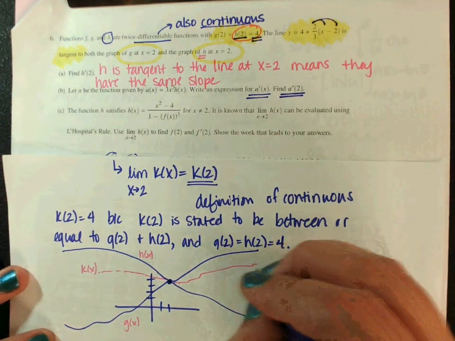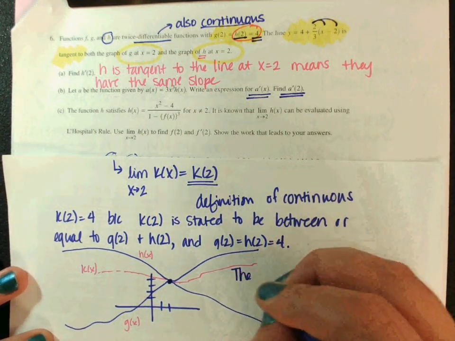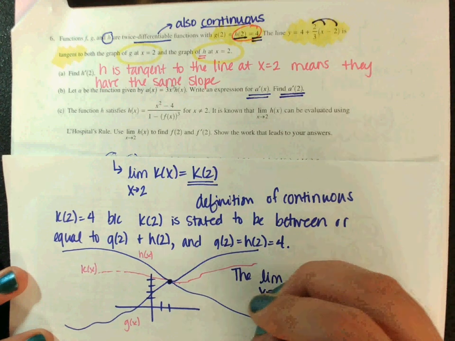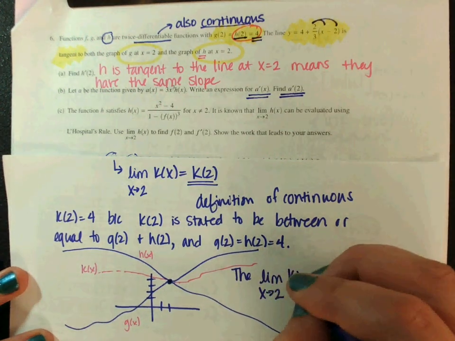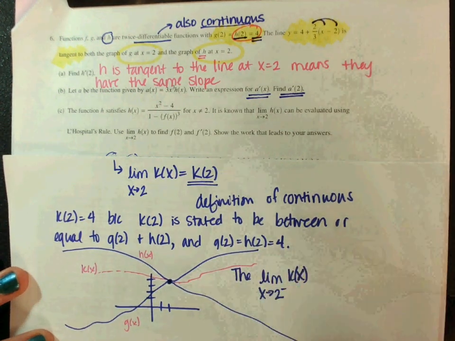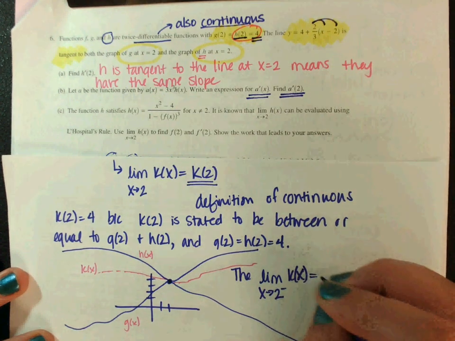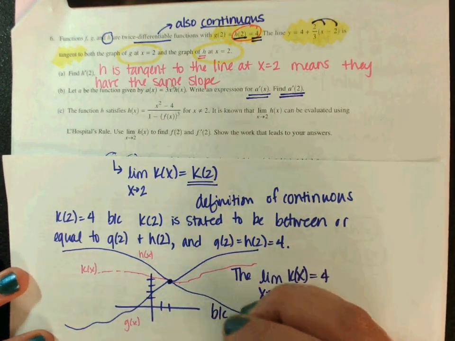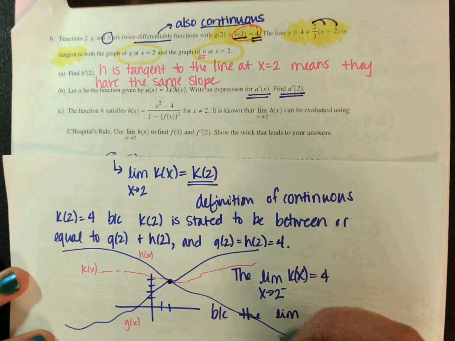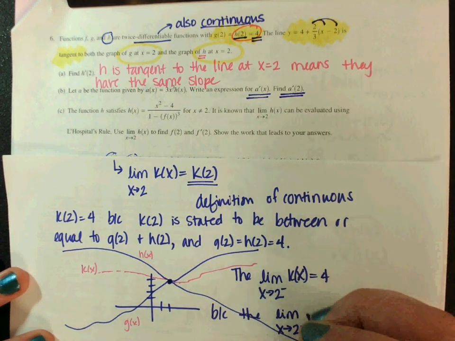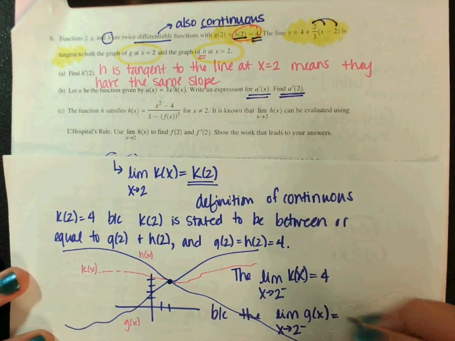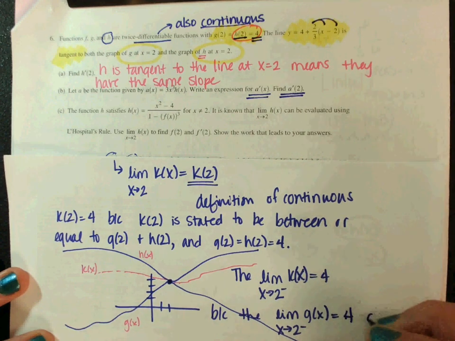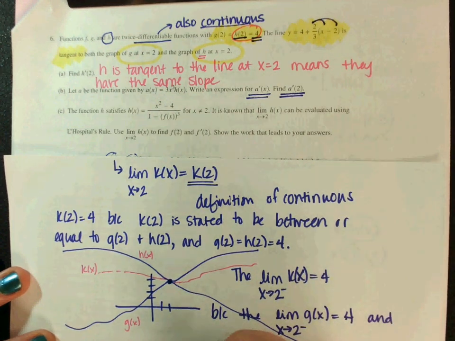So I'm going to put the limit as x approaches 2 from the left of k of x equals 4, because the limit as x approaches 2 from the left of g of x equals 4, and the limit as x approaches 2 from the left of h of x equals 4.